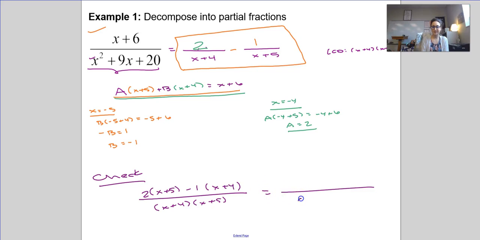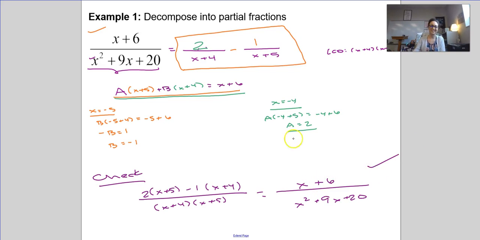So the common denominator stays, and once I distribute on that, we know that's x squared plus 9x plus 20. Distributing the numerator, I've got 2x here and then a minus x here, so that's 1x. Then distributing the 2, I have 10 here, minus 4, and 10 minus 4 is 6, and that is exactly what we started with, so we are good to go.